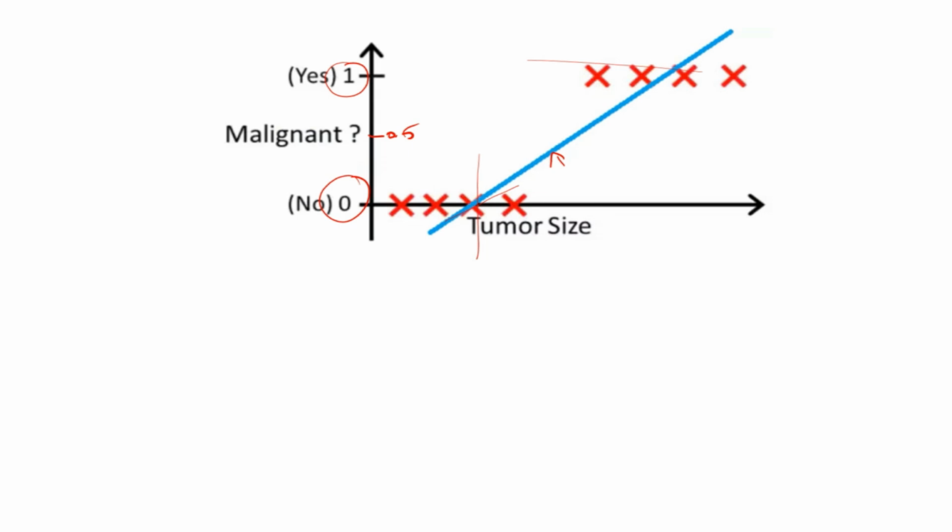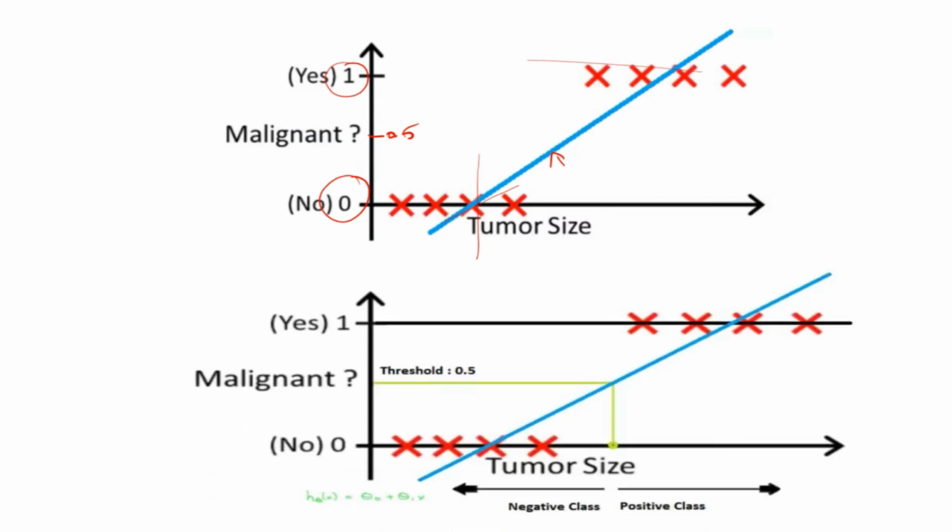But what if the data contains an outlier? When we take this threshold, of course, we can easily evaluate negative and positive. But when I have an outlier here, things become tricky for this 0.5.